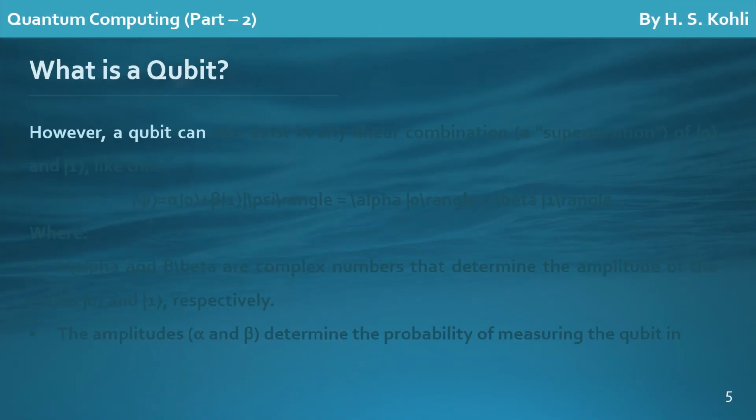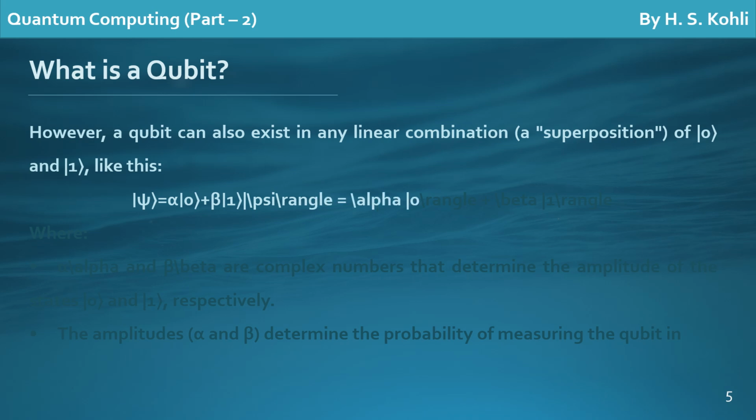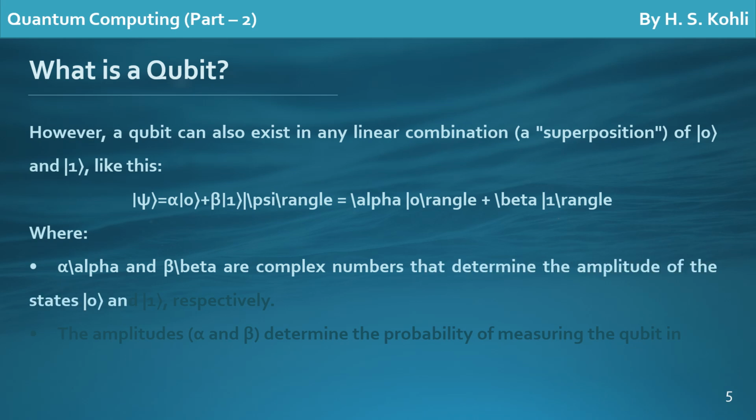Ket 1 is the state corresponding to 1. However, a qubit can also exist in any linear combination, or superposition, of ket 0 and ket 1, like this, where alpha and beta are complex numbers that determine the amplitude of the states ket 0 and ket 1, respectively.